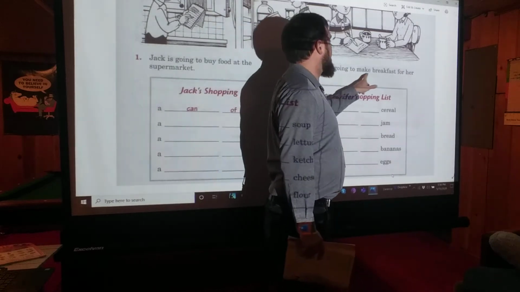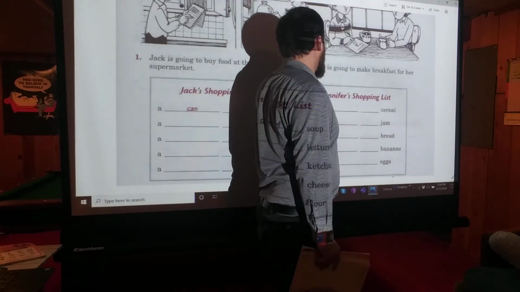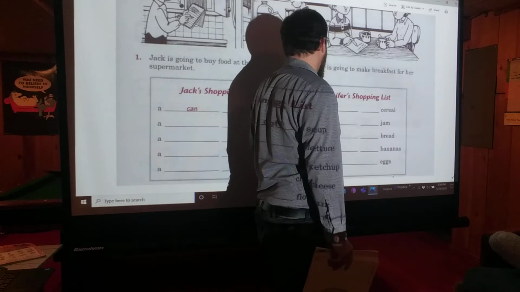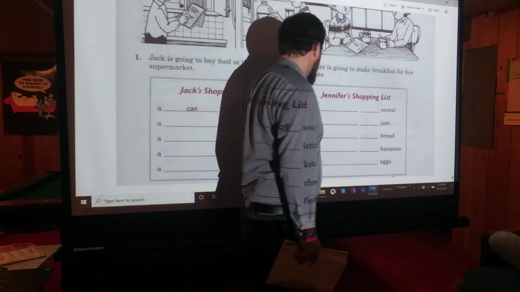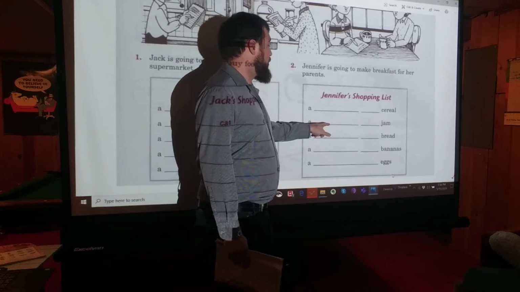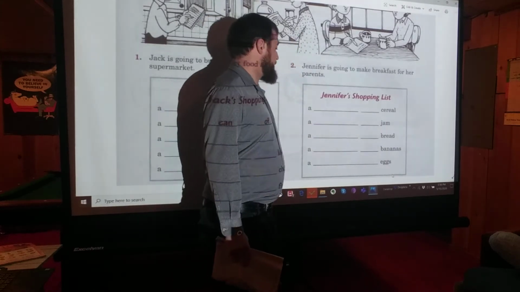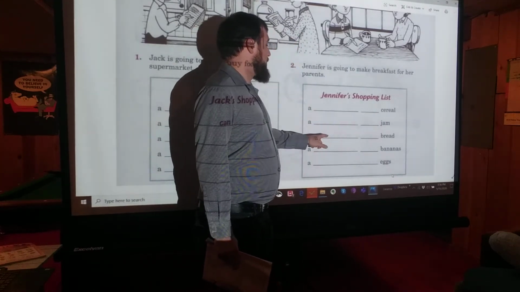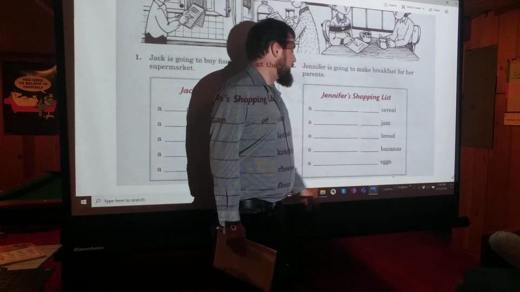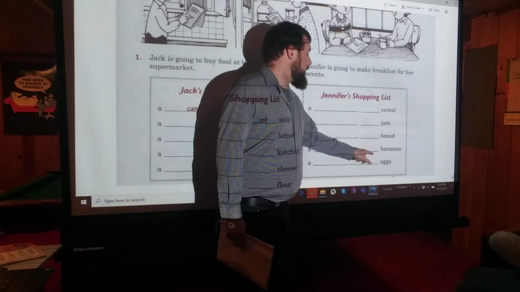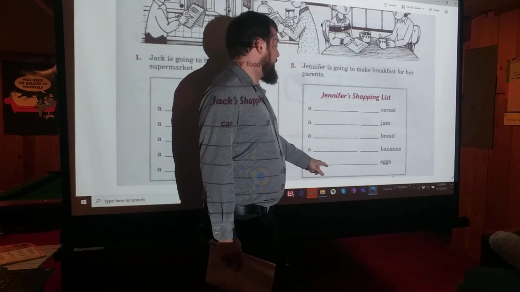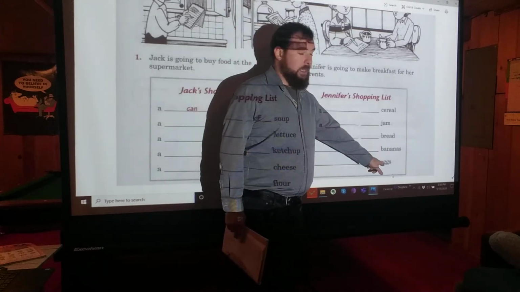Jennifer is going to make breakfast for her parents. Jennifer's shopping list. A box of cereal. A jar of jam. A loaf of bread. A bunch of bananas. A dozen eggs.